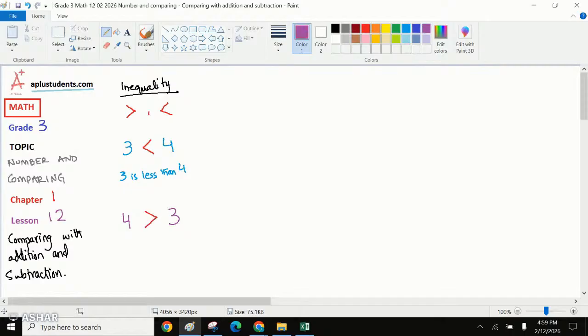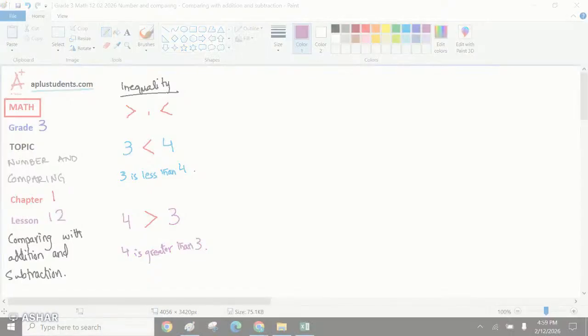Or we can say alternatively that 4 is greater than 3, right? We have done this previously. I'm just going through it again, okay? So let's look at the questions and see which of the following statements are true, or which makes this statement true, okay?